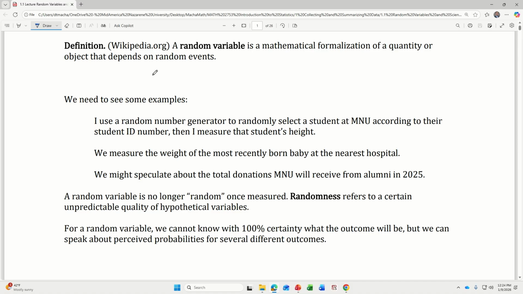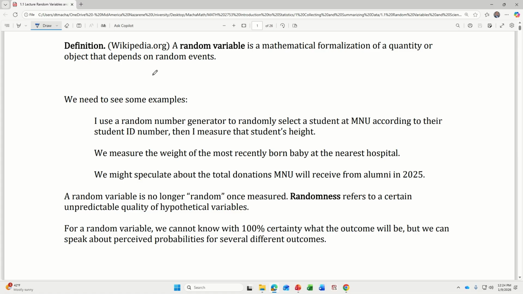A random variable is one where before taking a measurement, you don't know what it's going to be. We could make statements about the relative probabilities of this variable, like what kind of outcomes would we expect from the variable, but we don't know precisely what the measurement is going to be until we measure it.